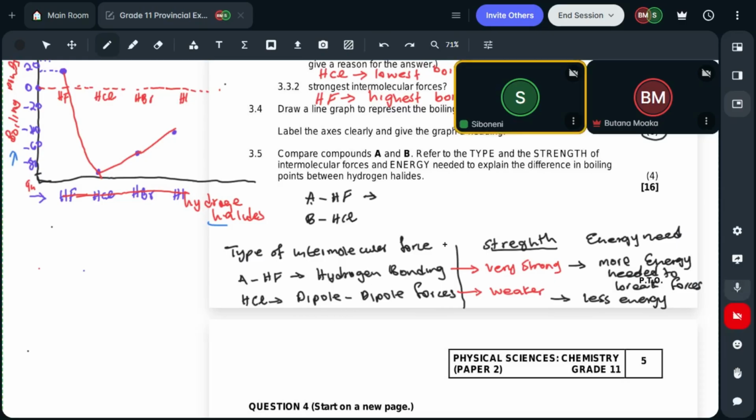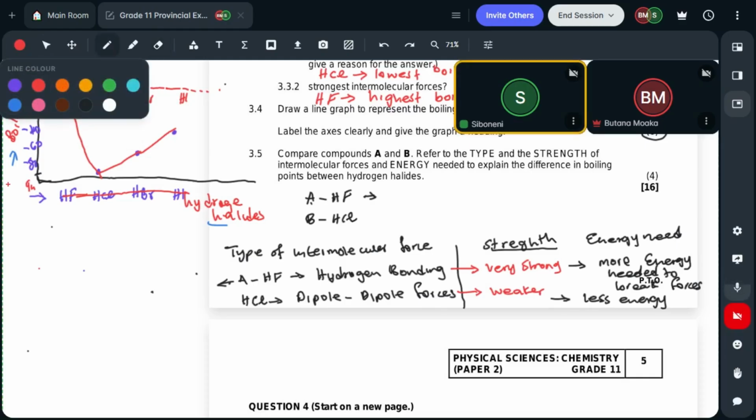So HF has a higher boiling point, and HCl will have a lower boiling point. Don't worry, this is the last question, then we'll move to calculations.